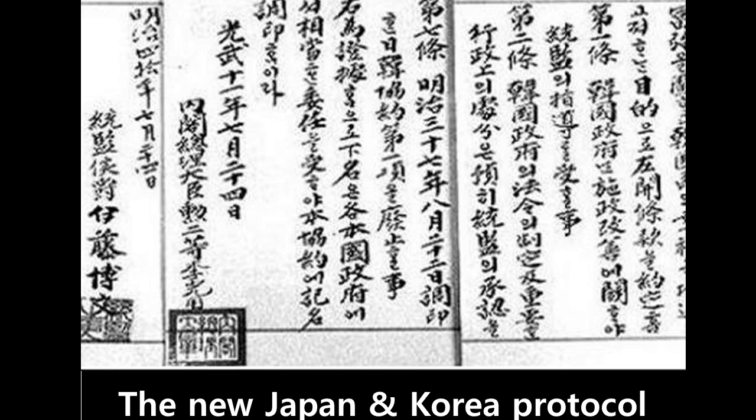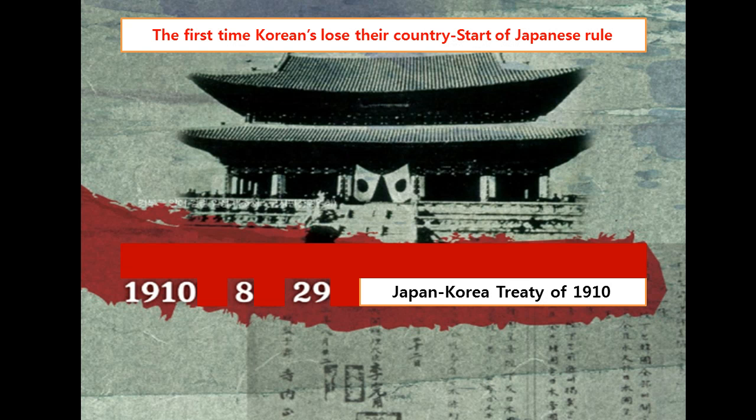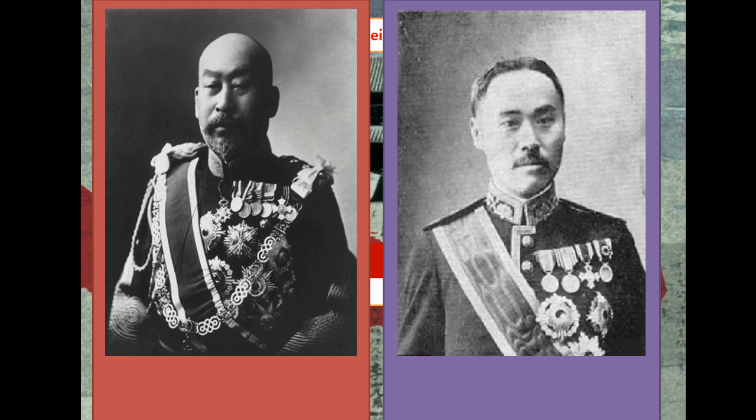After that, Japan took over the judicial power and police authority of Korea. Finally, the Resident-General Terauchi and Lee Wan-yong signed the Japan-Korea Treaty of 1910.